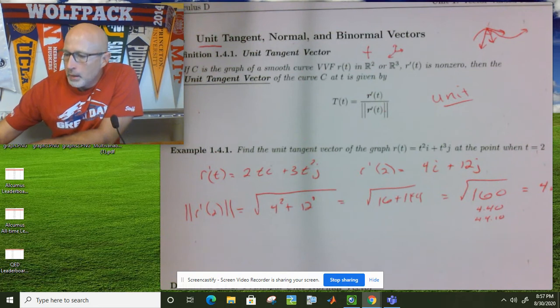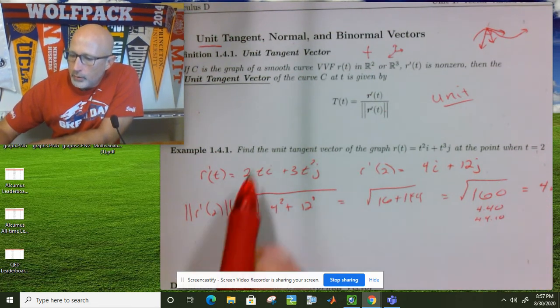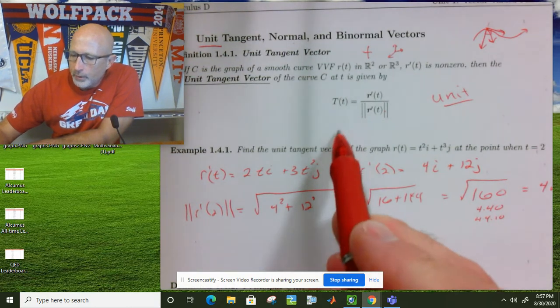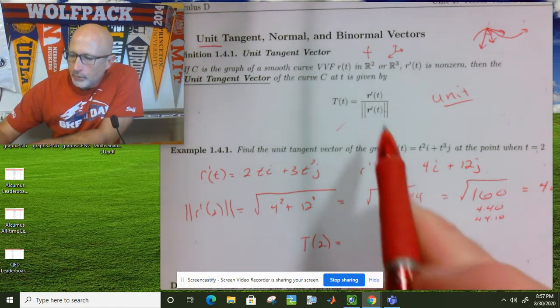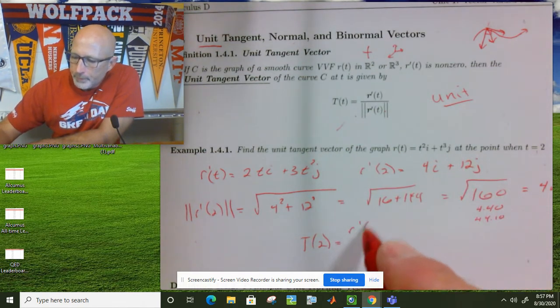So I want to know the unit tangent vector. That's going to be given by this formula up here. So you have T of 2 is equal to r prime of 2 all over the magnitude of r prime of 2.